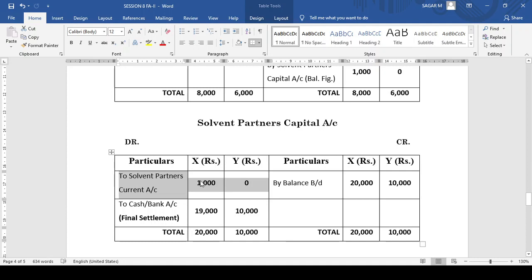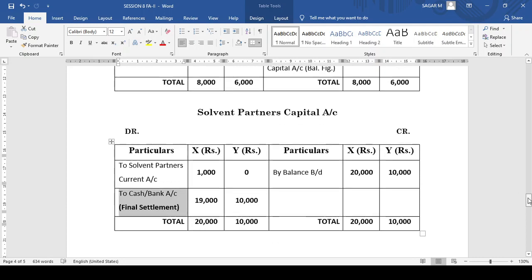So we have 1,000 balance in X's account and 0 balance in Y's account. After doing this, take the total. The credit side is more, that is 20,000 and 10,000. Keep the same total on the debit side, 20,000 and 10,000, and the difference will come down to 19,000 and 10,000. This difference is to be written as to cash or bank account for the final settlement.